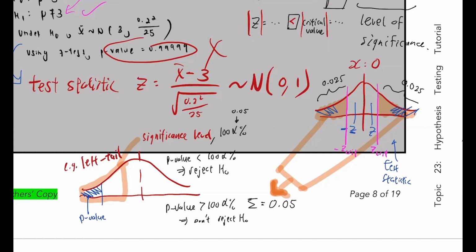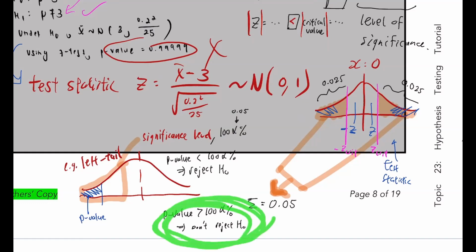But now we translate it into the diagram, and then we look at its critical region. So if we want to not reject H naught, which is the purpose of this question, where should our p-value be? Your p-value should be bigger, right? So that means if you can see my vertical line here, I'm moving around.